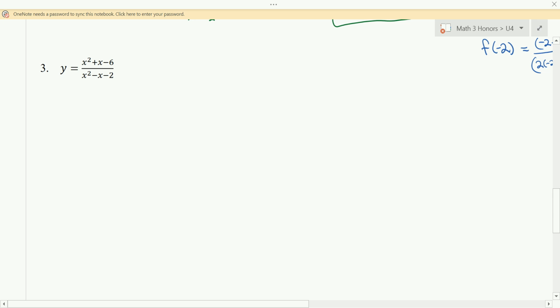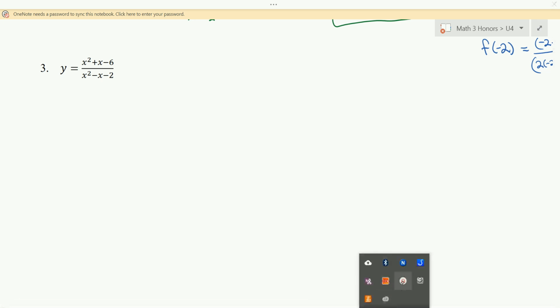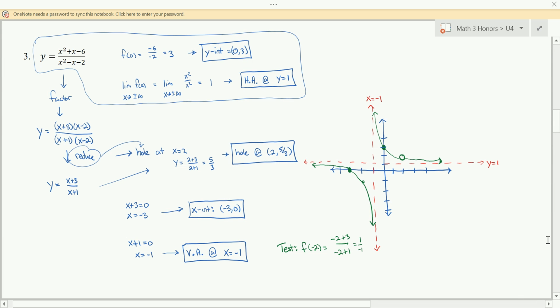These are more than what we used to do. Okay, so please make sure you organize your work.